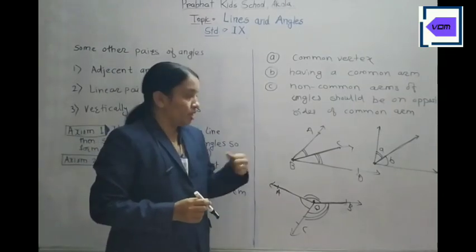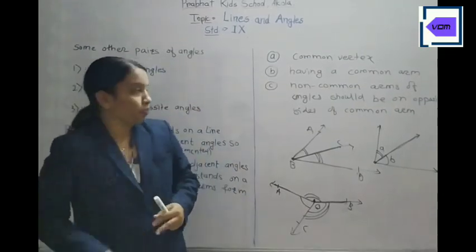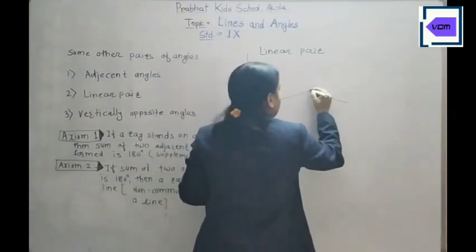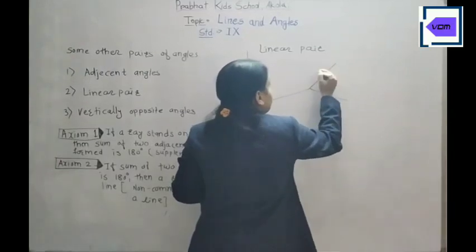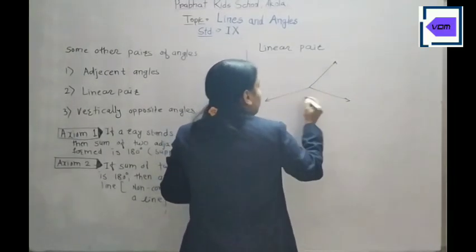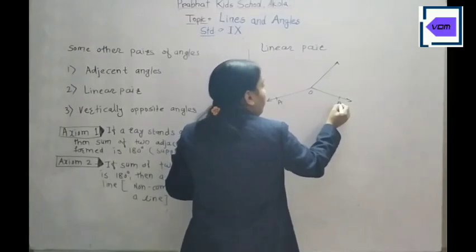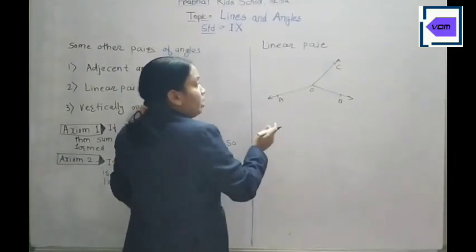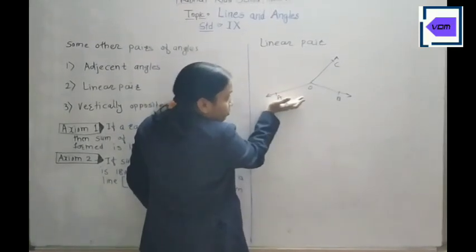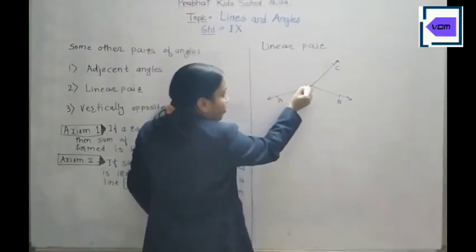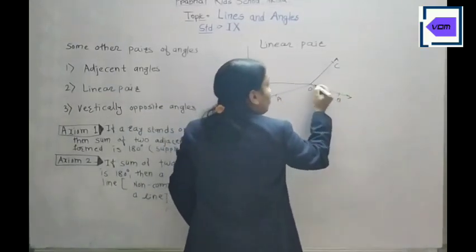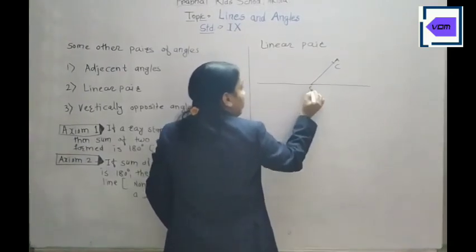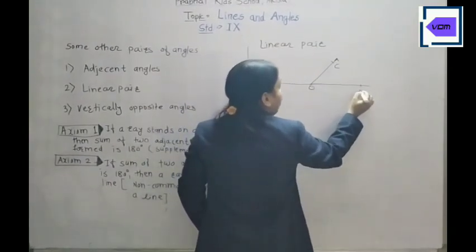Now let us move further to the linear pair. What is meant by the linear pair? Now you have seen the adjacent angles A, O, B and C. This AOC and COB are the adjacent angles. If I rotate this AO and keep it in a new position, and this OB also in a new position, now I get A here and B here.